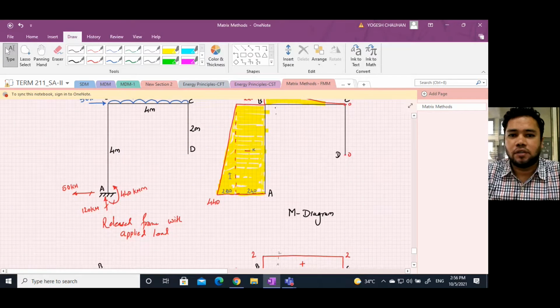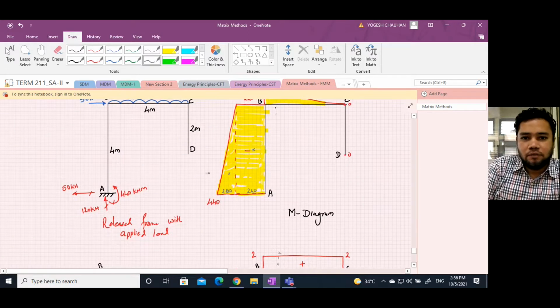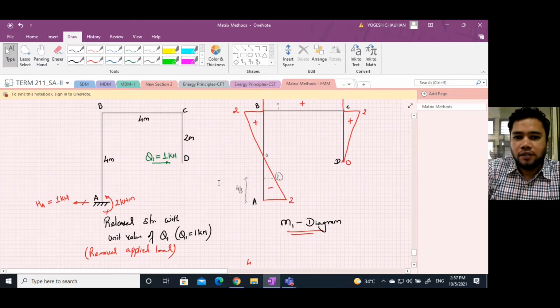So CG of this will be at a distance of h by 3, that is 4 by 3 from A. So you find the ordinate at a distance of 4 by 3. At 0 it is 0, and at 2 meter it is 2.